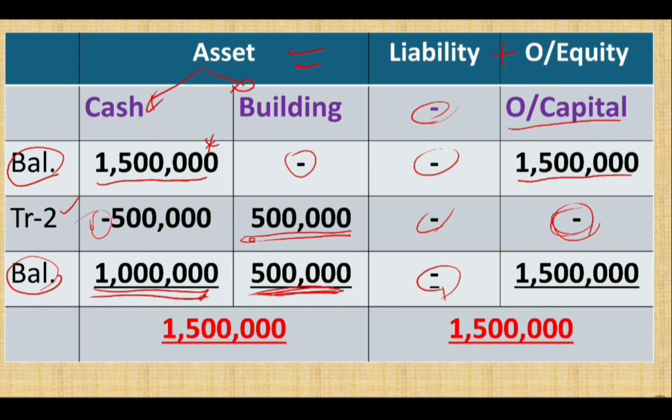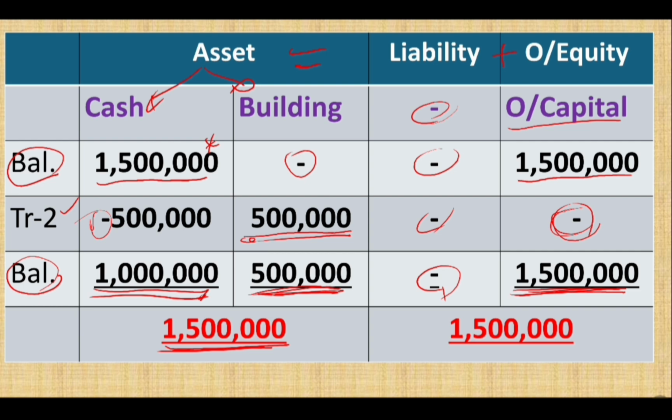There is no liability here, so the balance after transaction 2 remains the same. There is no change in owner's capital. The balance after transaction 2 of the owner's capital is 1,500,000.